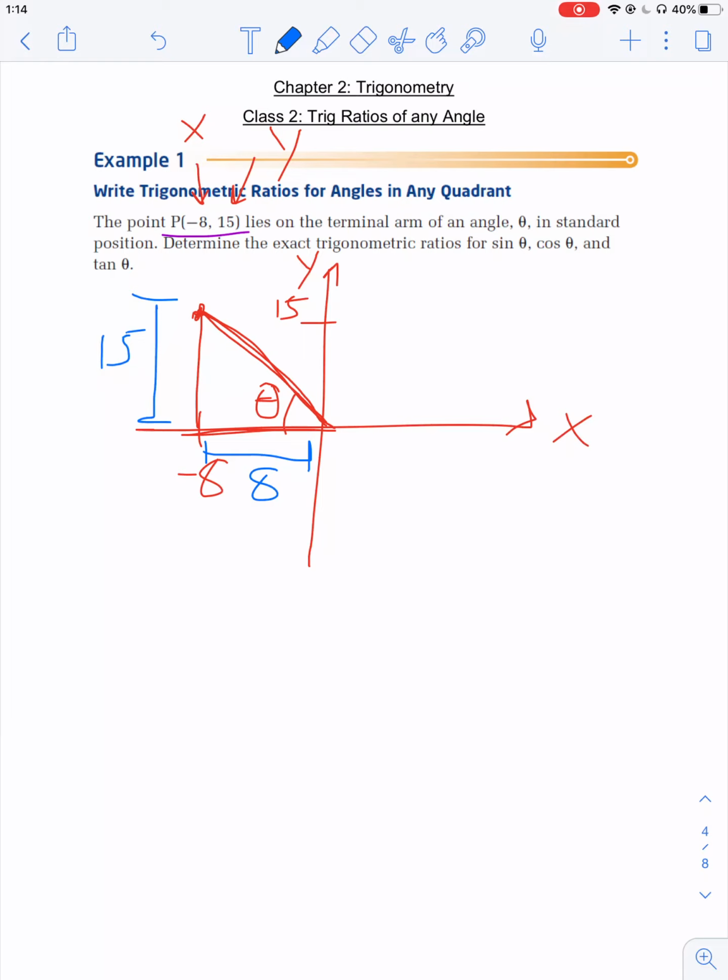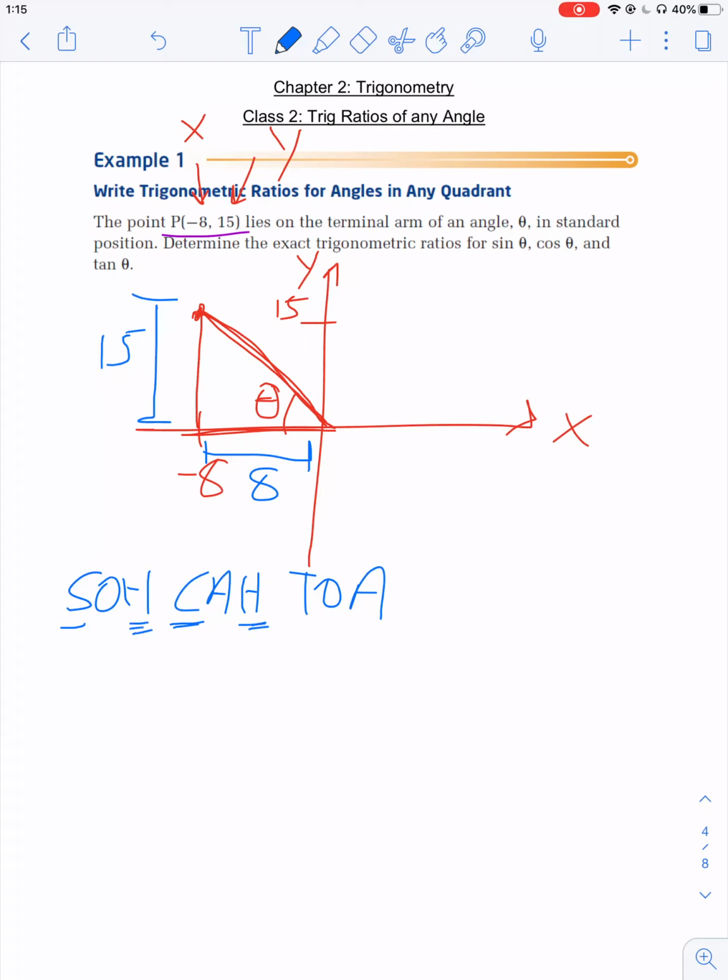So let's find the ratios, using SOHCAHTOA. Remember SOHCAHTOA? Let's write it out over here. When you're finding sine and cos value, you need your hypotenuse, which is not given to us.